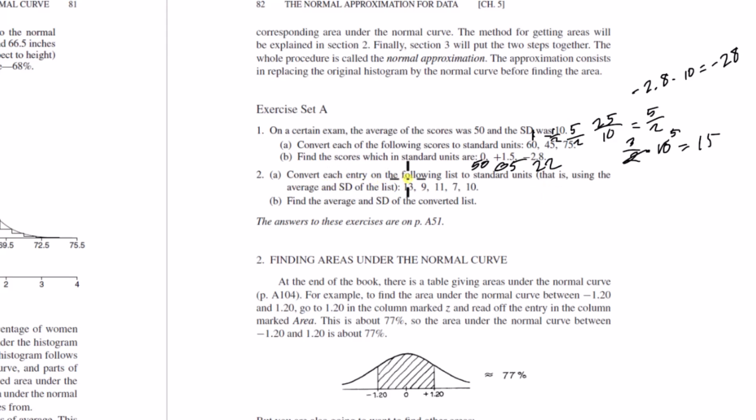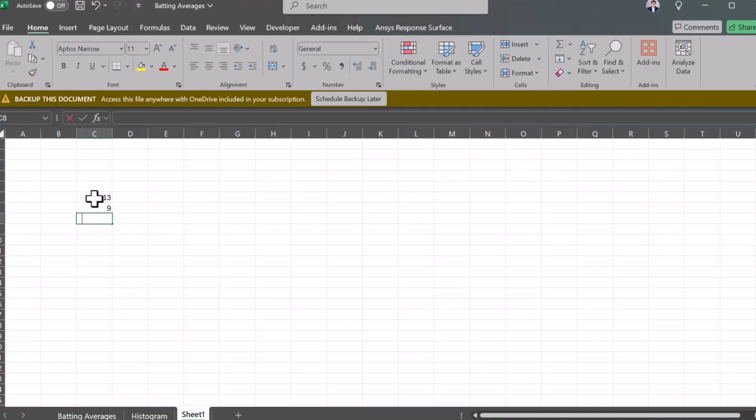Convert each entry on the following list to standard units. That is, using the average and standard deviation of the list. Okay, let's do this in Excel. 13, 9, 11, 7, 10. Standard units. How do we convert these values to standard units?